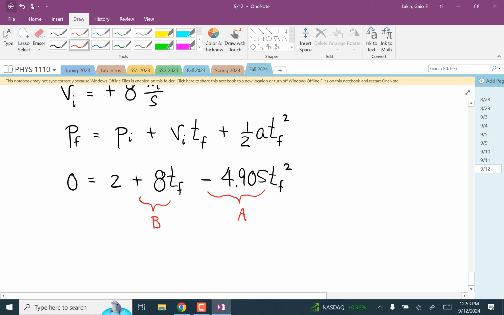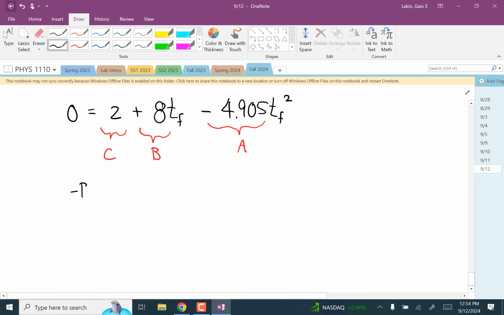This is B, and this is C. So plug that into the quadratic formula. And it gives you two solutions.